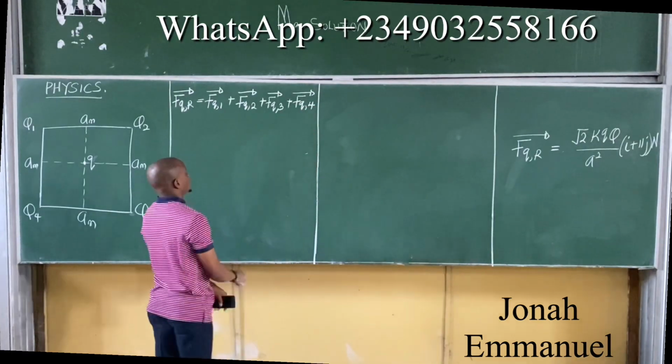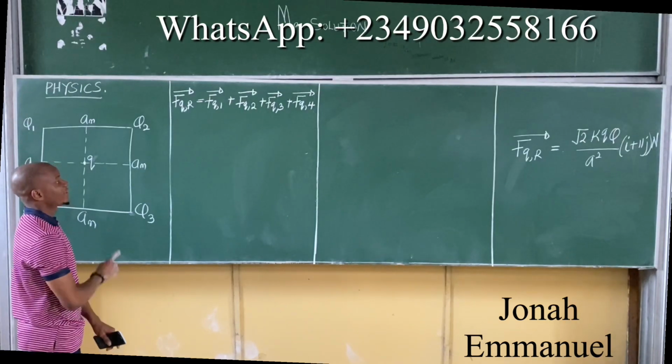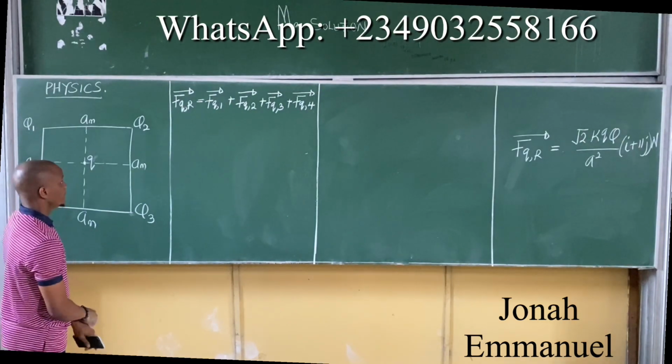For each of them I have F_Q1, F_Q2, F_Q3, F_Q4, so I have to find each of them individually.